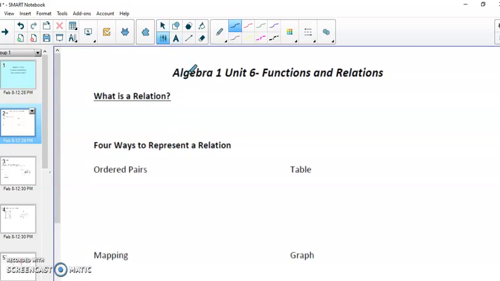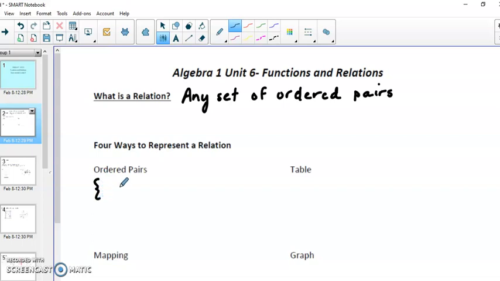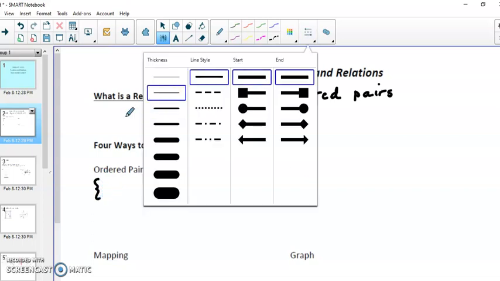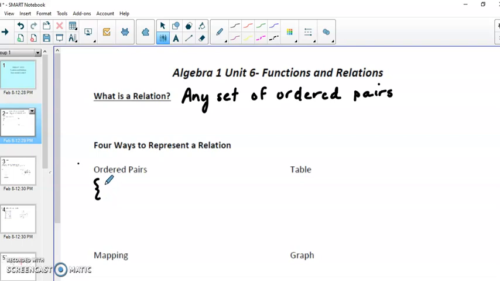I'm going to give you a pretty simple definition for a relation. A relation is just any set of ordered pairs. So what I'm going to do is start with a set of ordered pairs, and it might look a little different than you're used to, because we're going to start with these brackets, and that's what makes it a set.